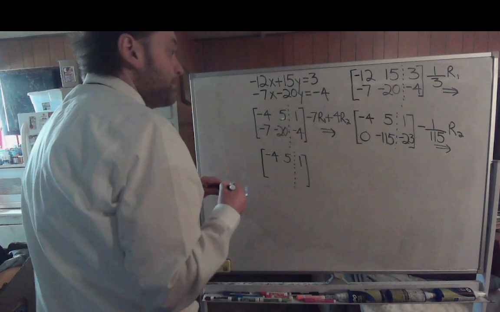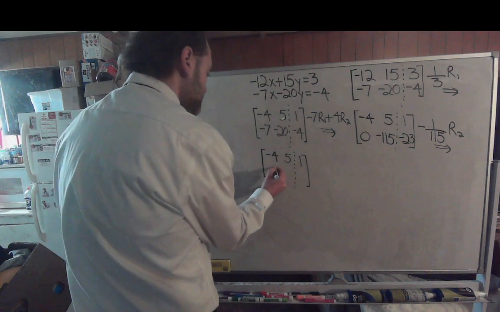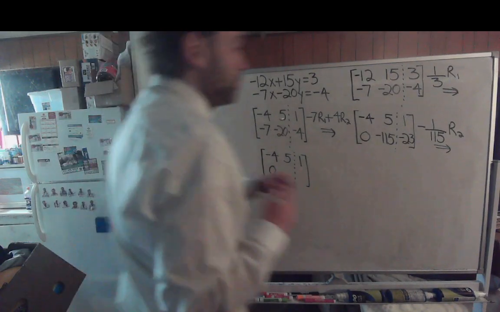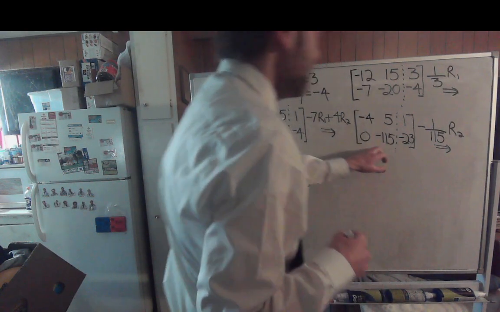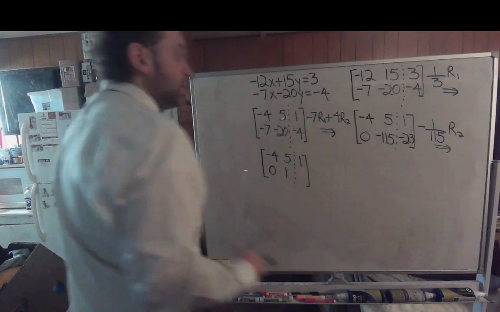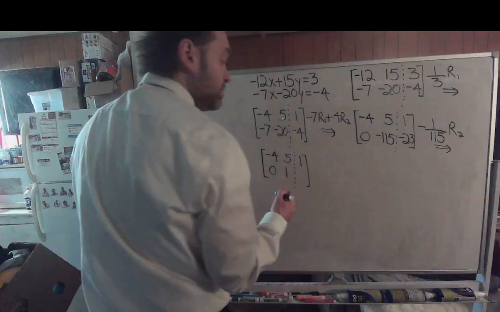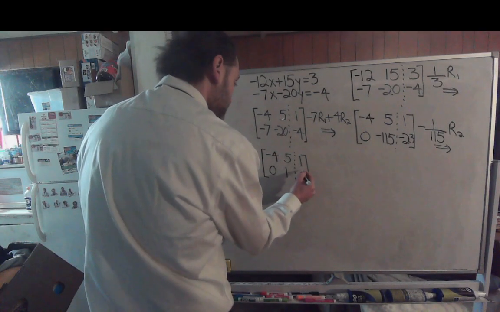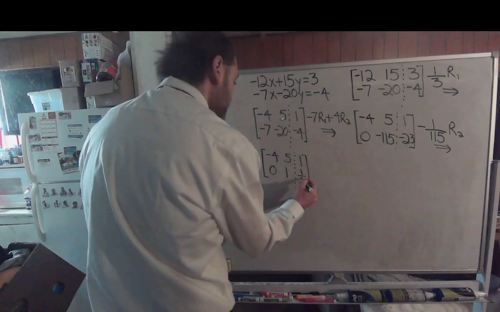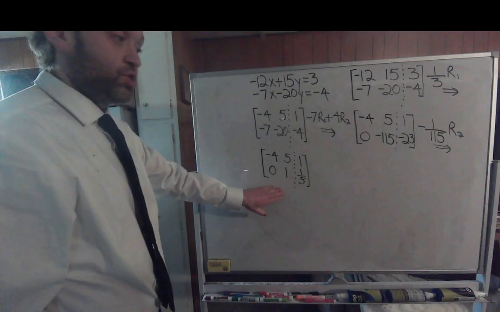Okay, so negative 1/115th of 0 is 0. Negative 1 over 115 times negative 115 turns into positive 1. Negative 1 over 115 times negative 23, that would become positive 1/5. So we've now reduced row 2 to what it should be.